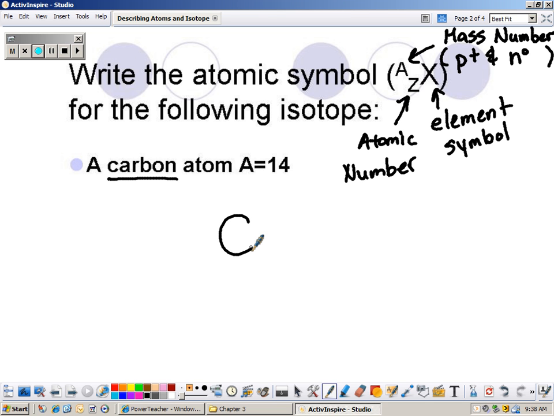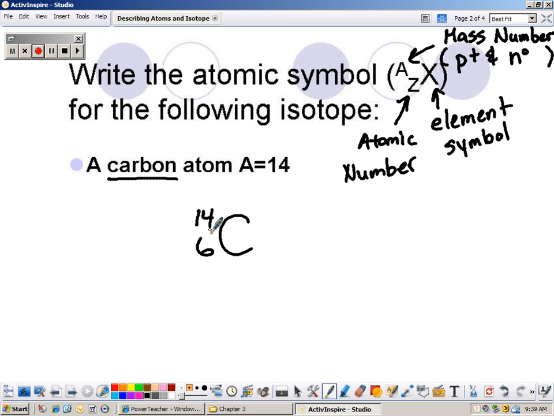What does the Z tell us? The atomic number. It's not given to us in this information, but we can look on the periodic table and find what Z is, because that never changes. What is it? 6. And now A is the mass number. They're giving it to us here. It says A is 14.